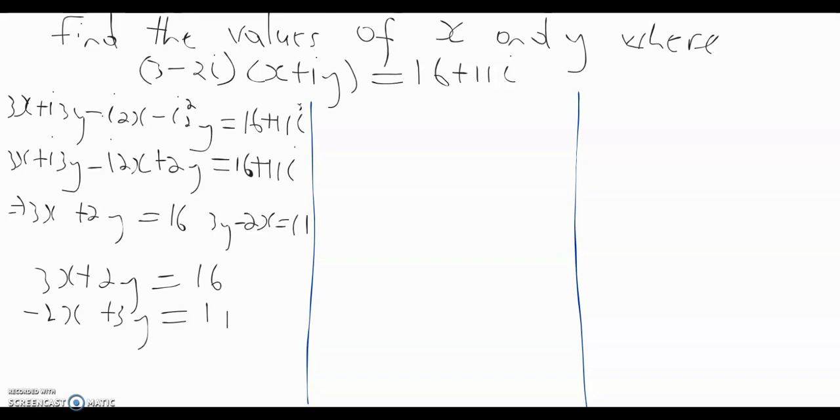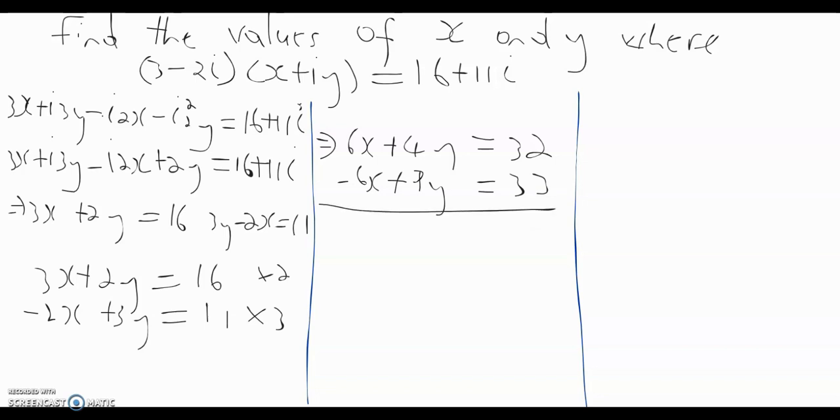So we can probably multiply equation 1 by 2, and we could multiply equation 2 by 3. So this becomes 6x plus 4y equal 32. And if we multiply equation 2 by 3, we have minus 6x plus 9y equal 33.